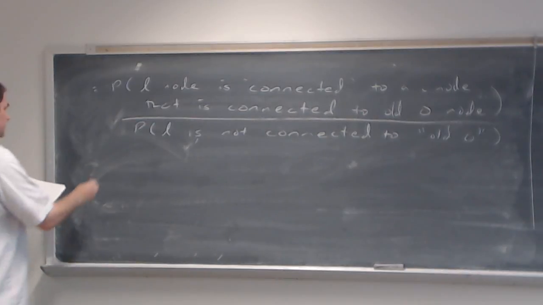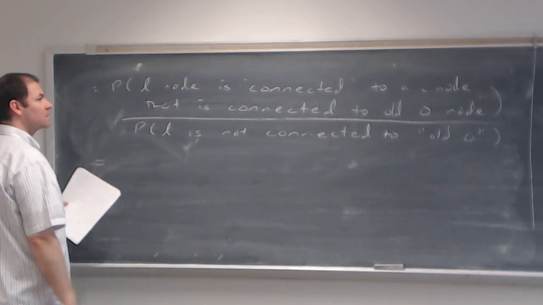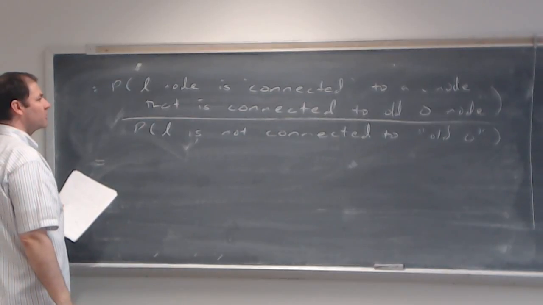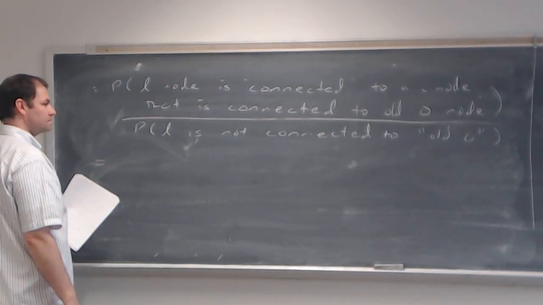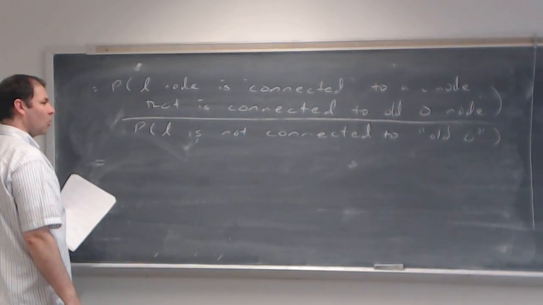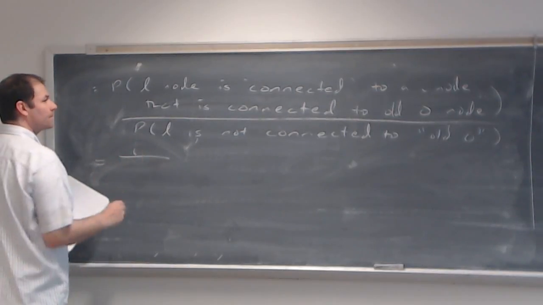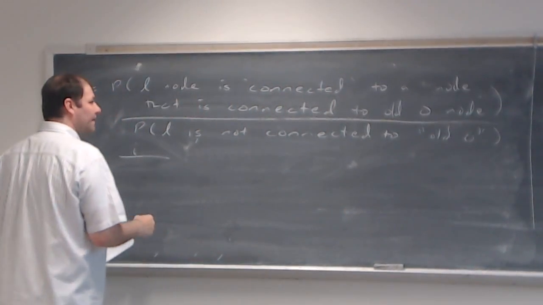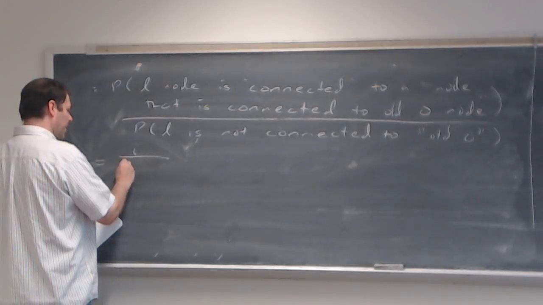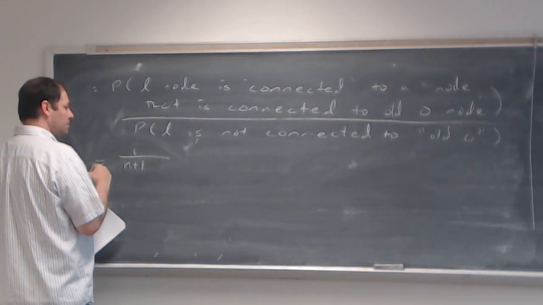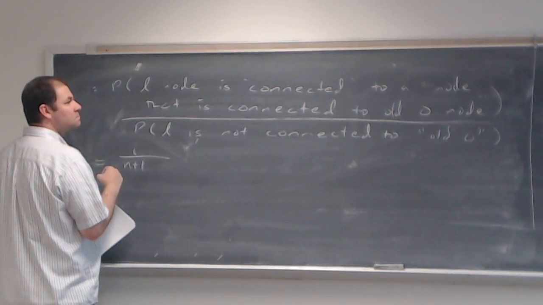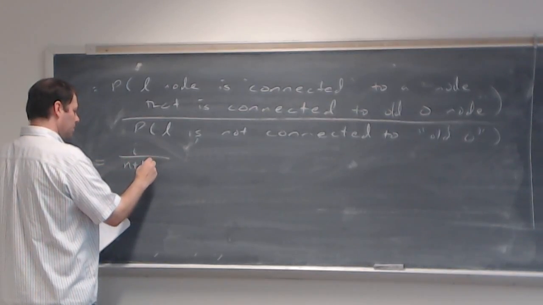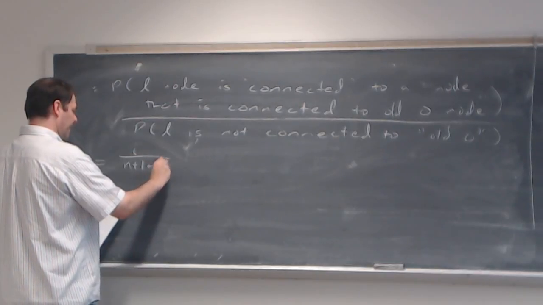Okay. This is equal to, okay, so the probability that the L node is connected to a node I that is connected to the old zero node. Well, there were I of them, so it's I over n plus 1 plus k.